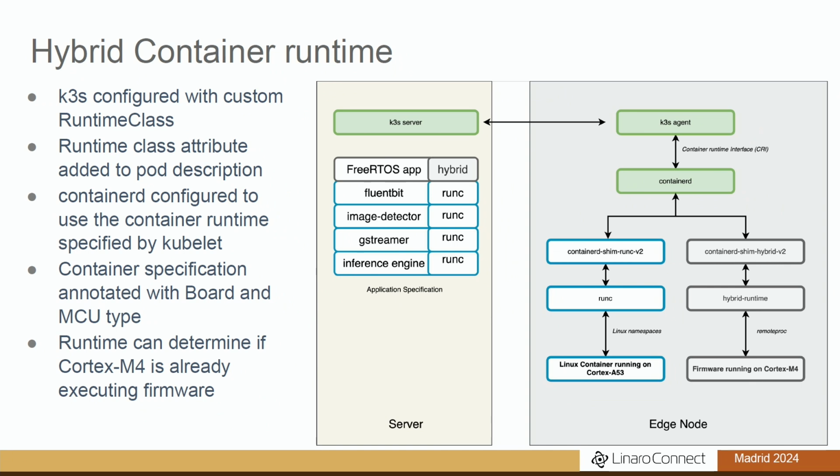We implemented a number of checks in the runtime to ensure that the firmware was compatible with the MCU that we knew was there. And also, if it's already running something on the M4, we would provide an error message.